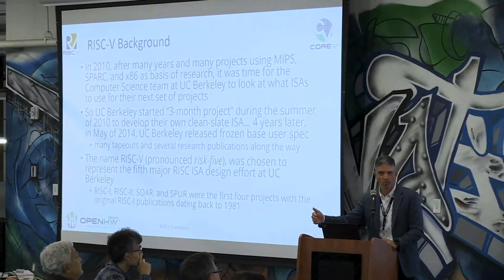When you hear someone say RISC-V, you tap on the shoulder and say, hey, no, mate, it's RISC-V, that's a 5, right? And there literally are 4 previous versions of this research work at UC Berkeley. So RISC-1 and 2 are kind of obvious, so they kind of lost the naming recipe on SOAR and SPUR, but nonetheless, there were 4 previous projects to this RISC-V initiative at UC Berkeley.